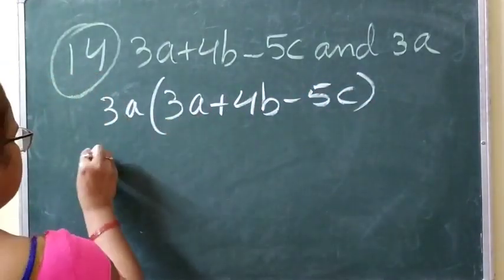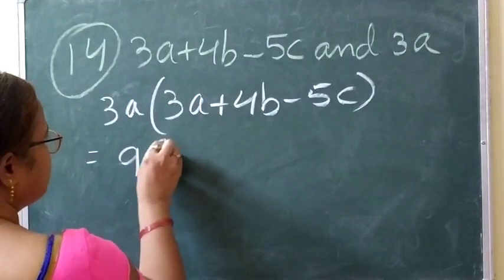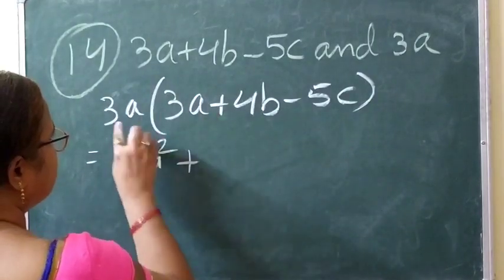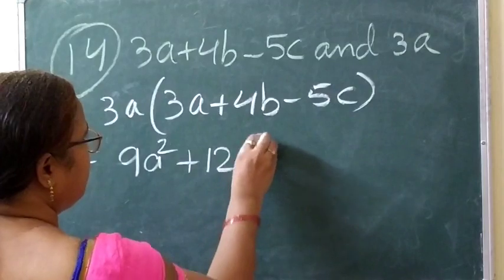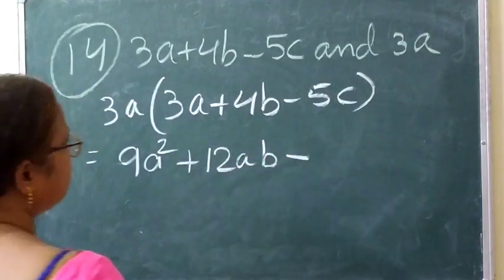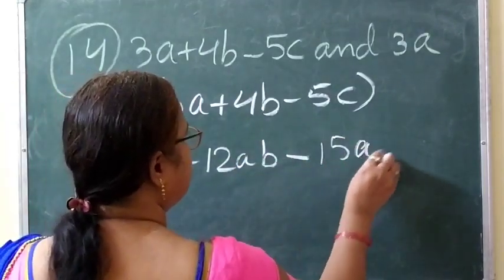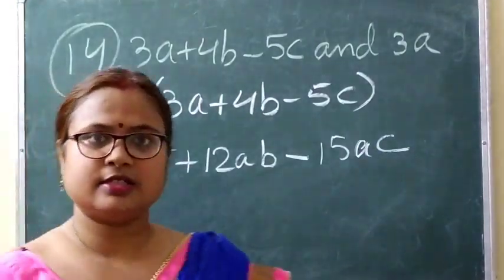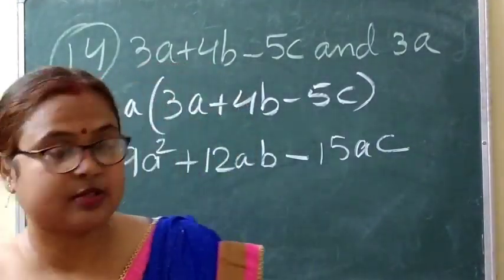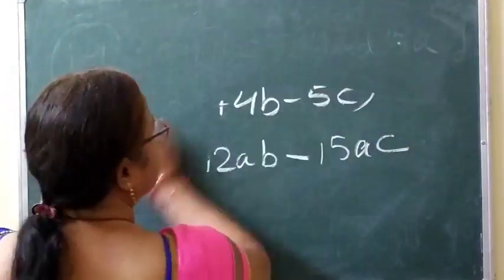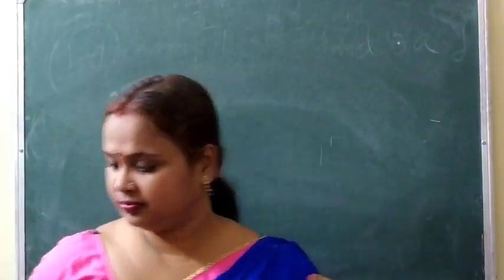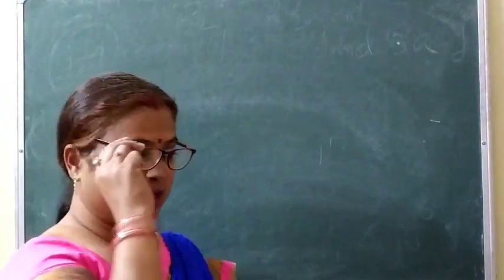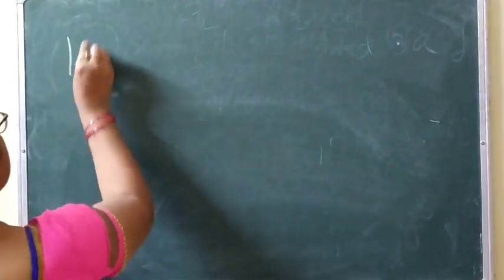So 3 3s are 9, 9a square. Again plus 3 4s are 12ab, minus 5 3s are 15ac. Clear? This is the answer. Now next question number 15.